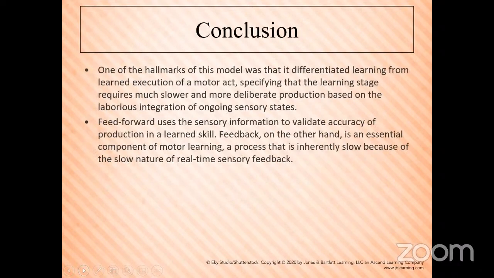One of the hallmarks of this model was that it differentiated learning from learned execution of a motor act, specifying that the learning stage requires much slower, more deliberate production based on the laborious integration of ongoing activity and the execution of the motor act, inherently slow because of the slow nature of the real-time sensory feedback.